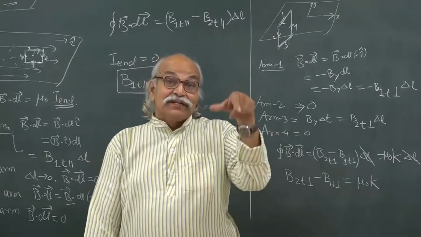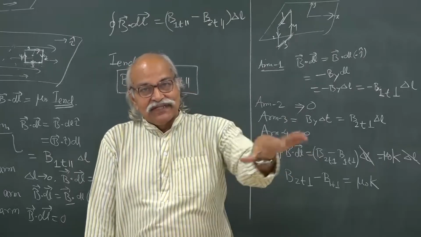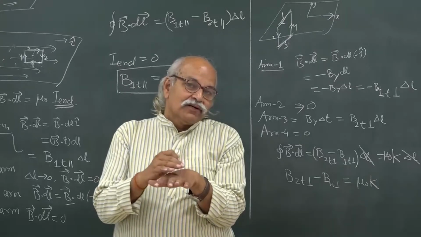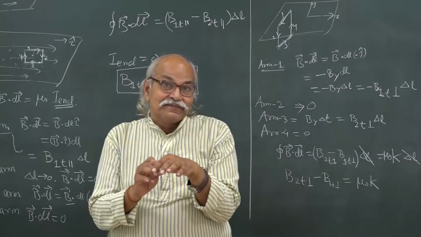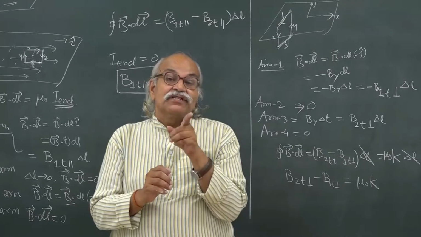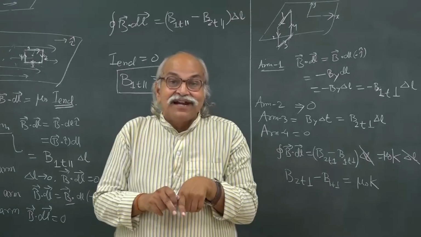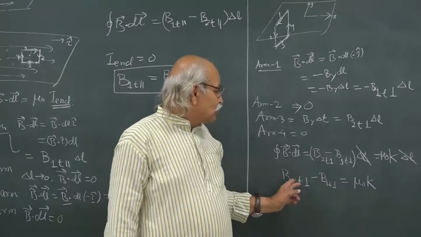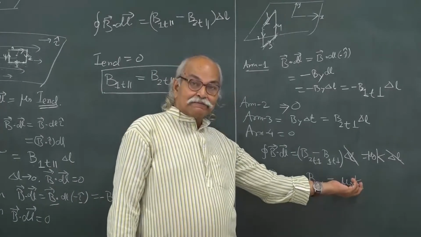If you have a surface current, and you look at a point on one side of the surface and on the other side, just above, just below, then the component of the magnetic field which is perpendicular to the current and tangential to the surface will be discontinuous, and it will suddenly change as you go from one side to the other side, and the change will be mu naught K.